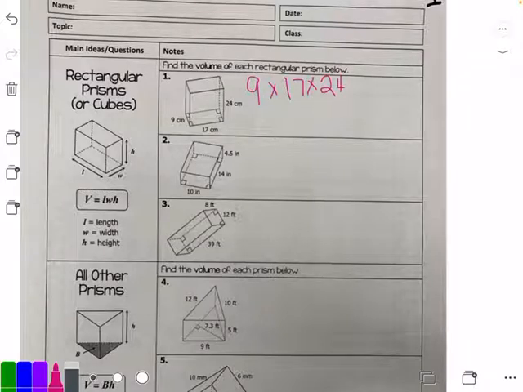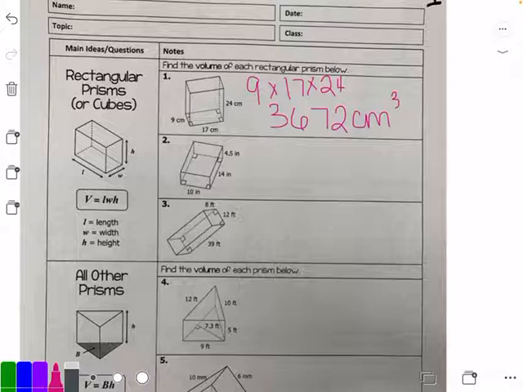Since we are multiplying, it technically does not matter in what order we do it because it is the same math operation. So if you called 17 your length, you still should get the same answer. When you multiply all numbers together, you should get 3,672. And here's what's important, centimeters cubed. Since you multiplied 3 different dimensions together, your exponent will be a 3.